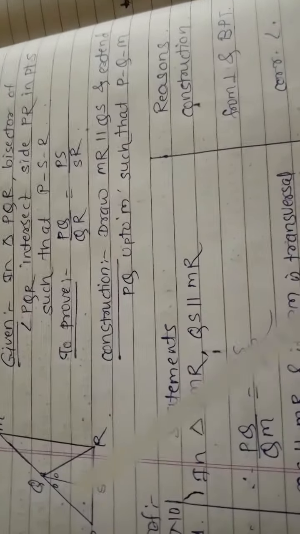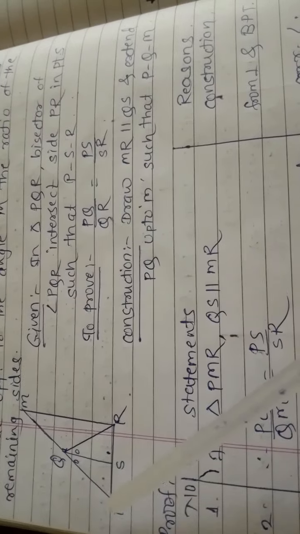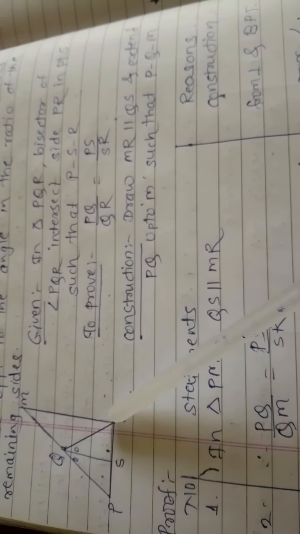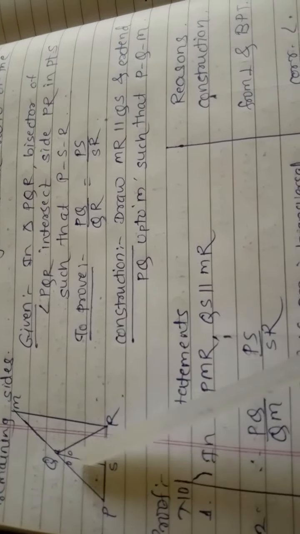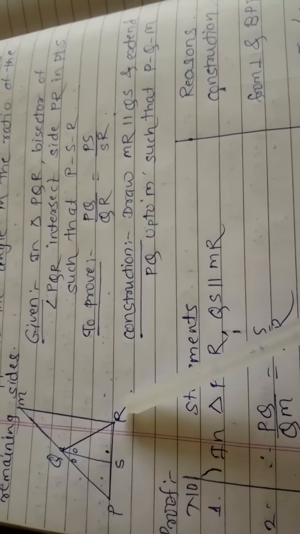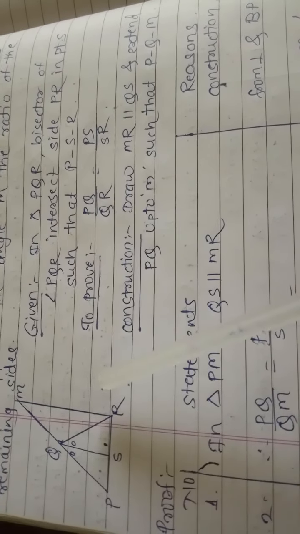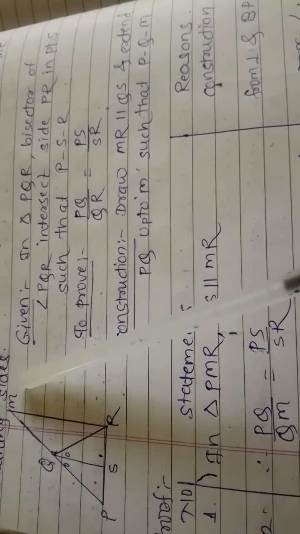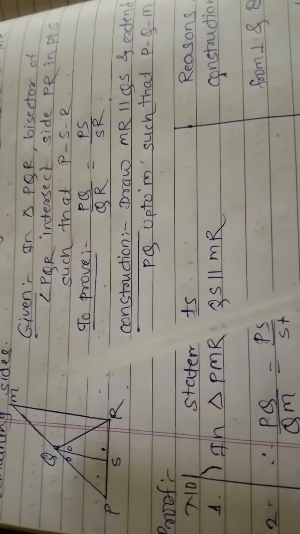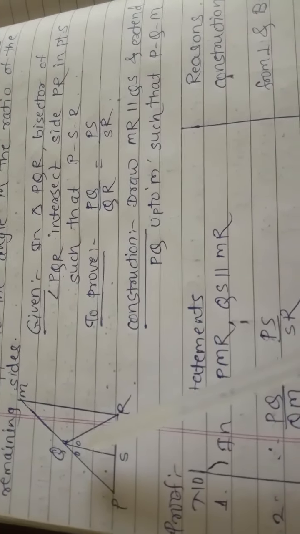Now see the first statement. In triangle PMR, we are already given in the construction that QS is parallel to MR. Remember, whenever you are given that one line is parallel to one side of the triangle, you have to remember the BPT theorem.